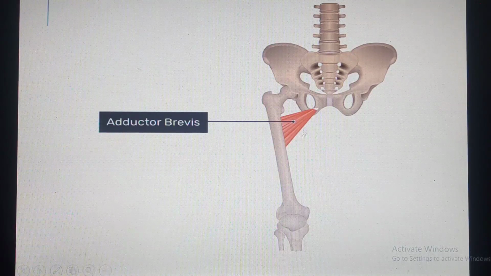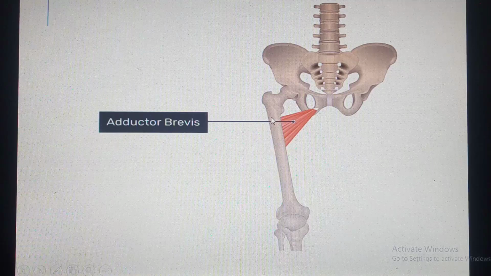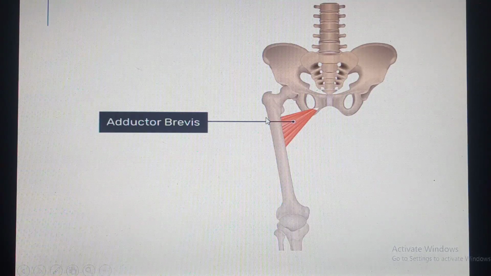Remember that the adductor longus came to the middle 1/3 and then inserted on the medial lip of the linea aspera. So that is the adductor brevis muscle.